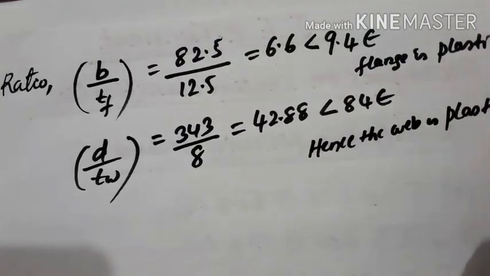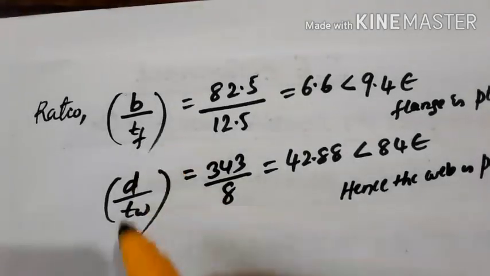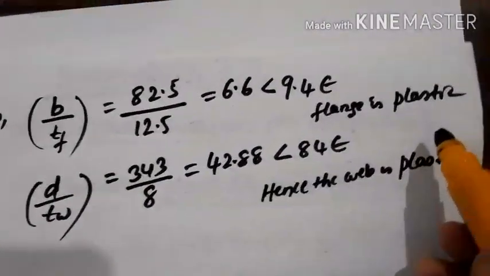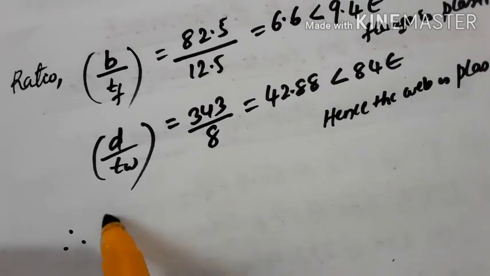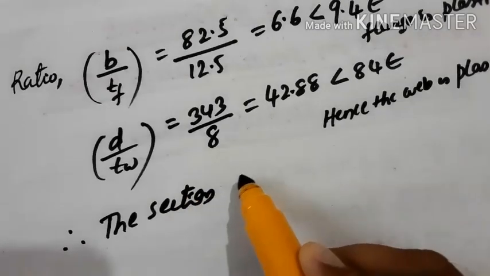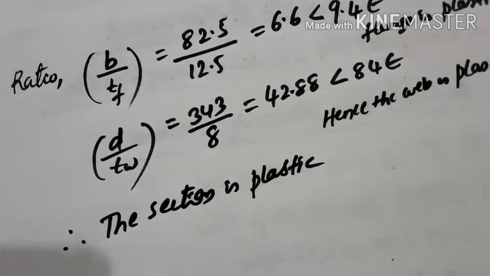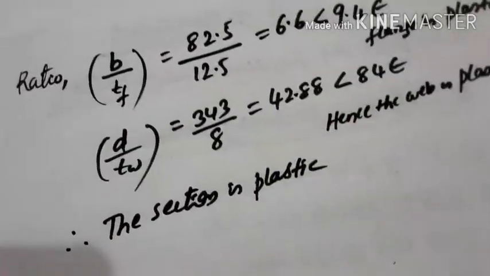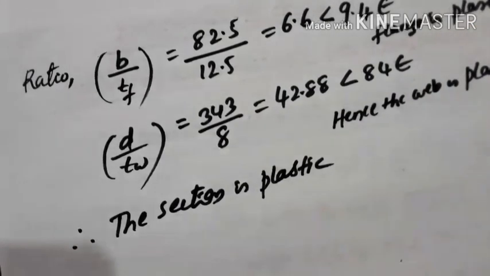So both elements of the section, the flange element as well as the web element, are acting as plastic in this case. Therefore the section is a plastic section. So like this you have to classify the section.